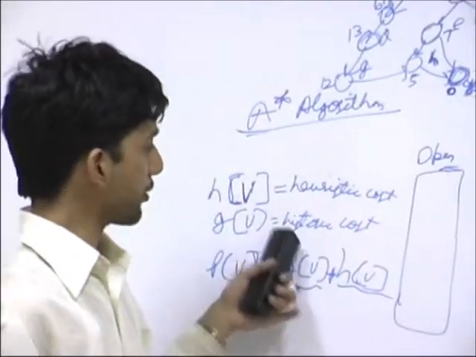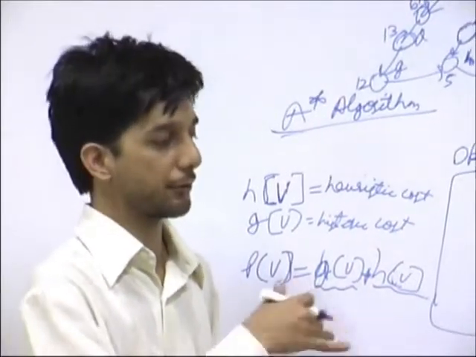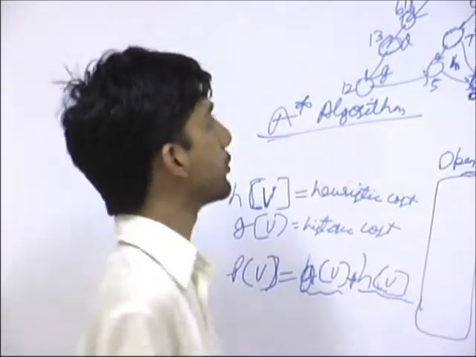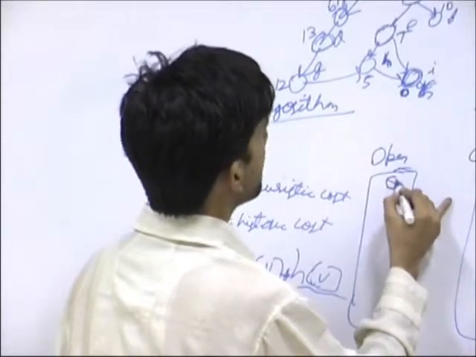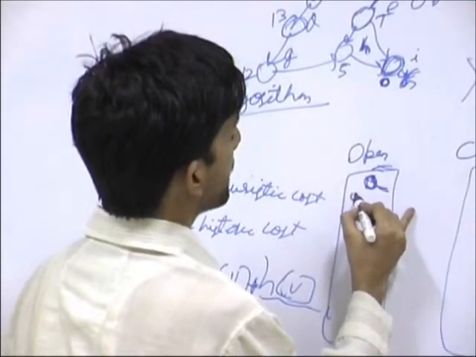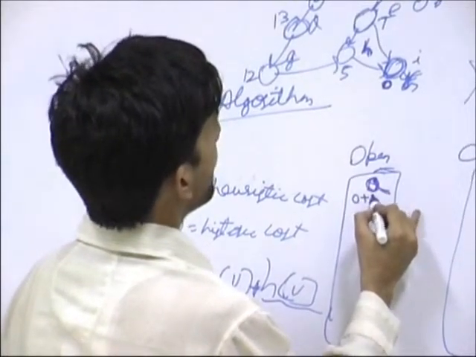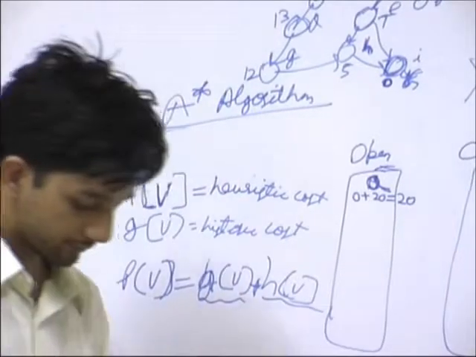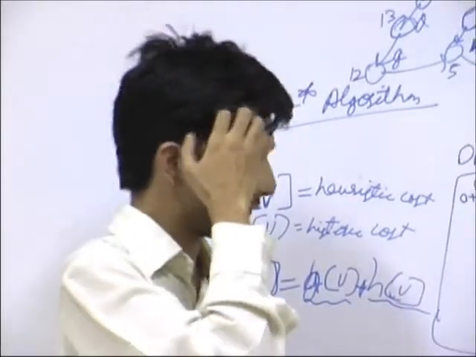So we'll write down the costs as we go about expanding the graph. Initially, only one node, the source, node A, is placed in the open list. This has a historic cost of 0, a heuristic cost of 20, and that means a total cost of 20. This is the total cost of A.